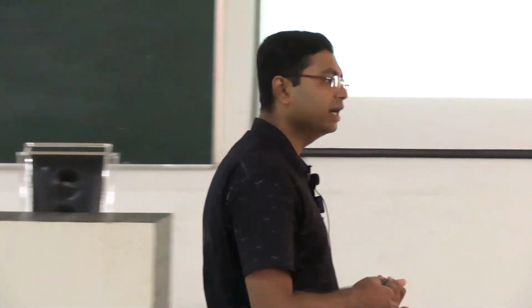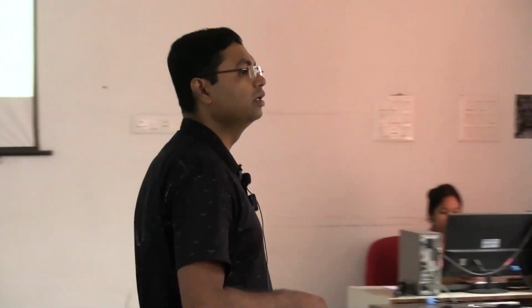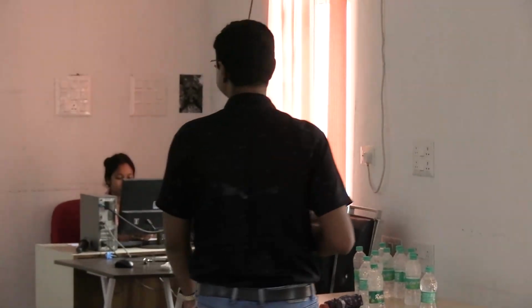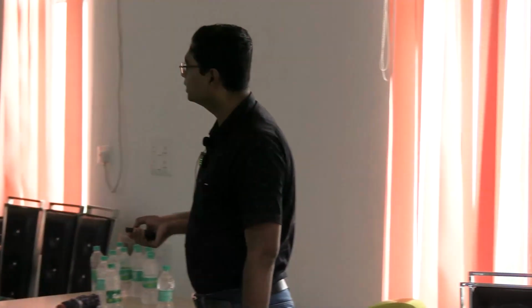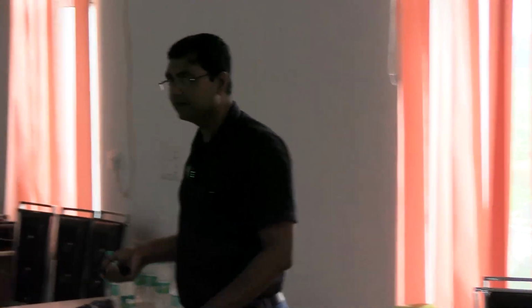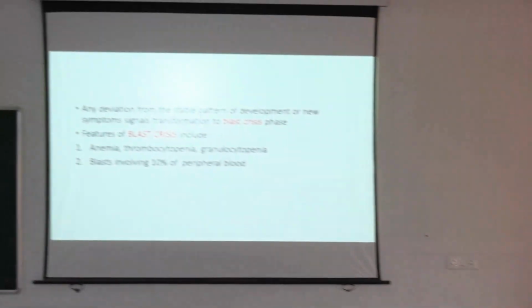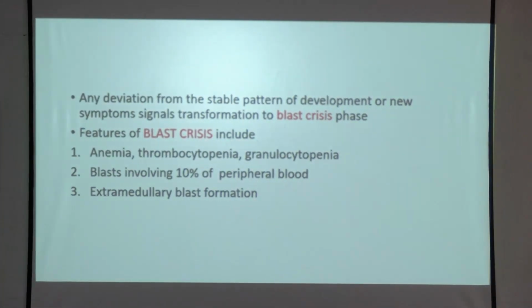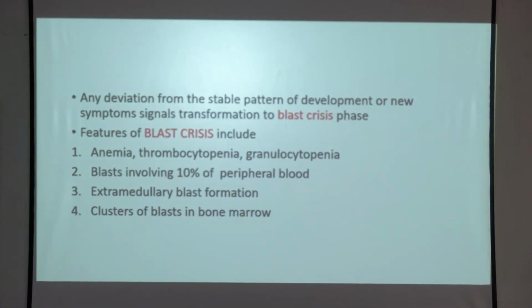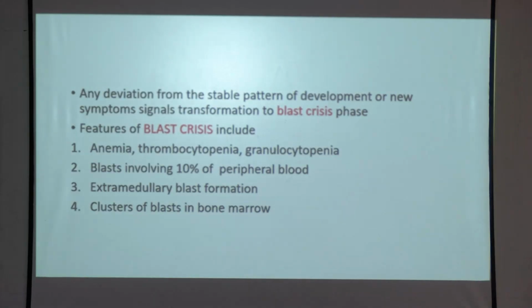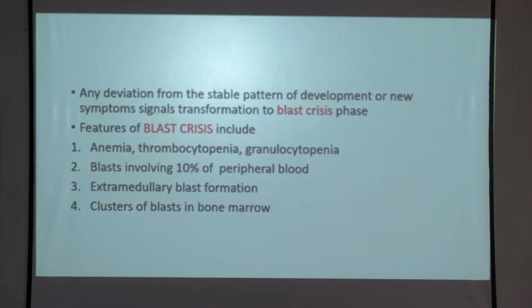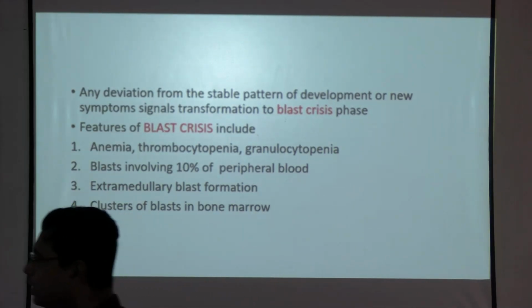The features of blast crisis include anemia, thrombocytopenia, granulocytopenia, and 10% blasts can be seen in peripheral blood. I am not talking about bone marrow, peripheral blood is 10%. There may be extramedullary blast formation and of course there will be blasts in the bone marrow. So this will mimic acute leukemia.